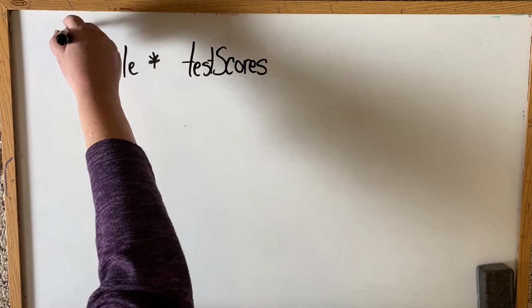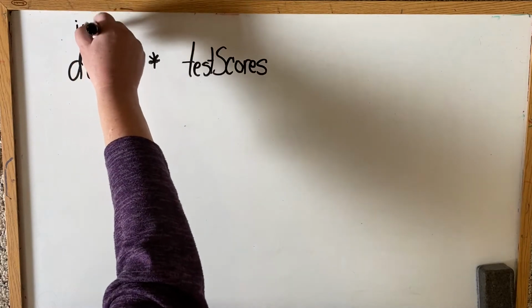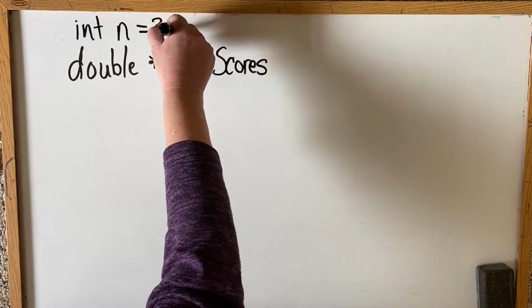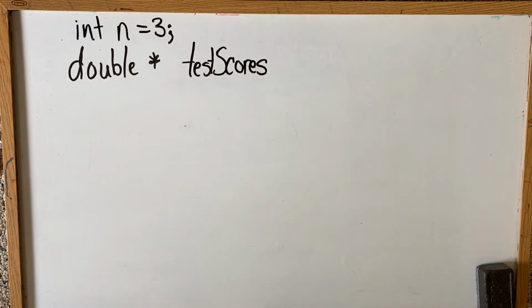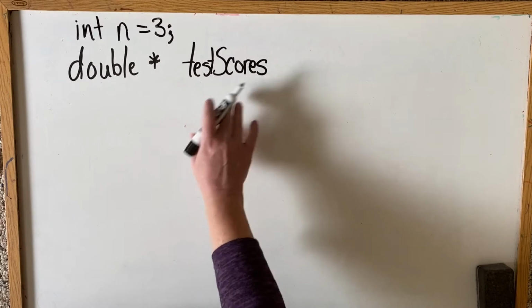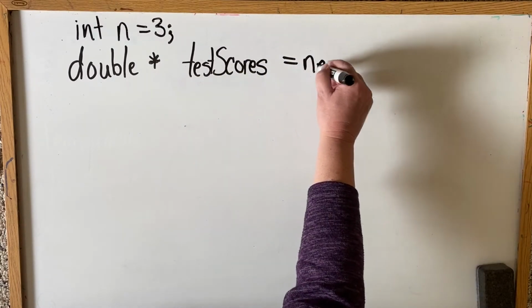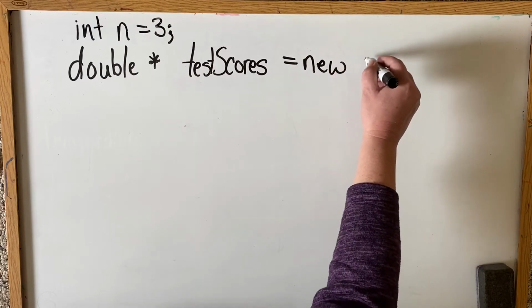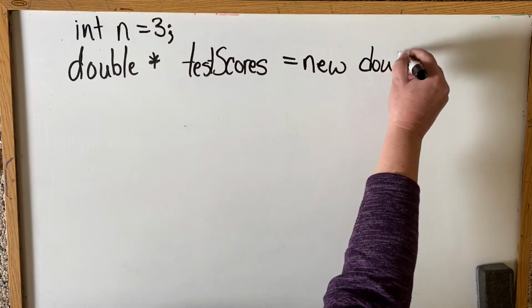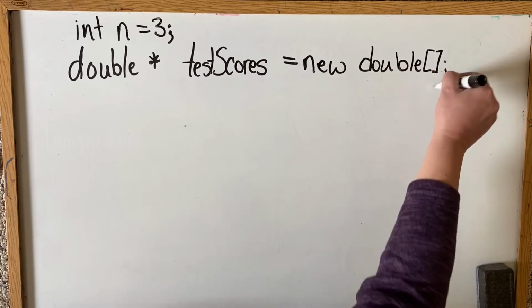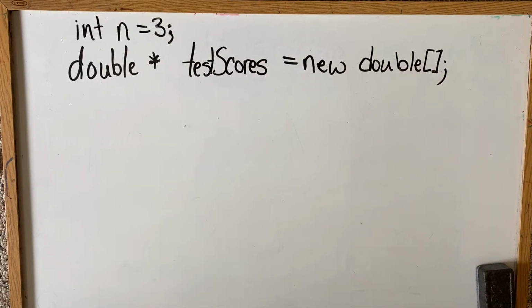So we have an integer here of n, and we can set that to 3. So we think we're going to have 3 test scores, so we're going to create a pointer to test scores, and that is going to allocate onto our heap a new array of doubles. So we can store the test scores.